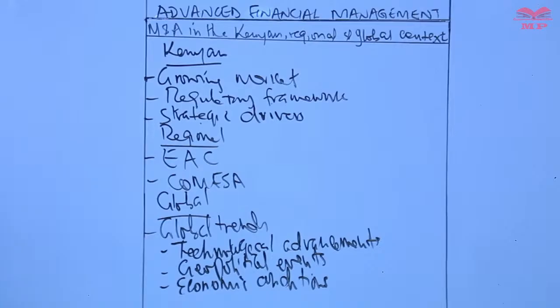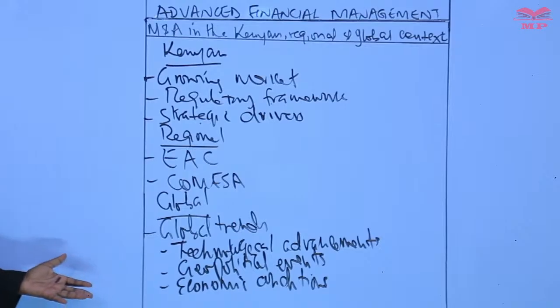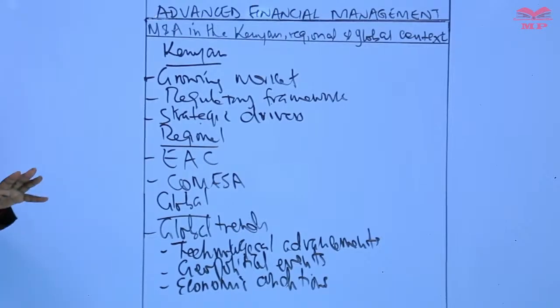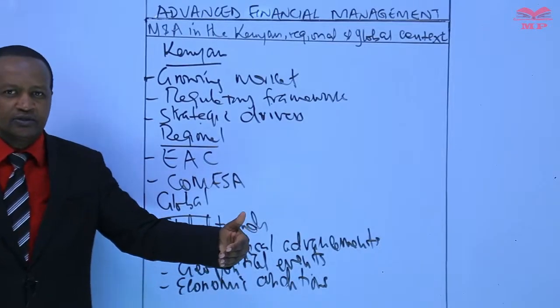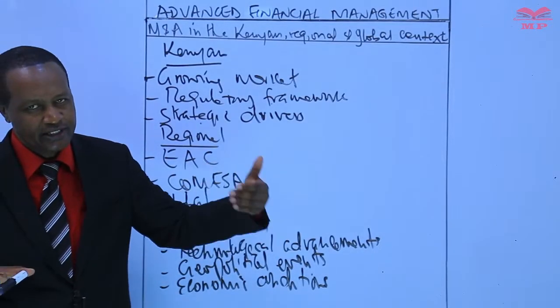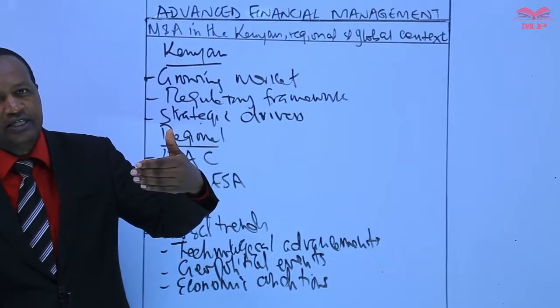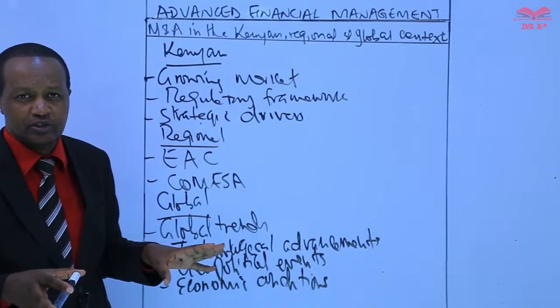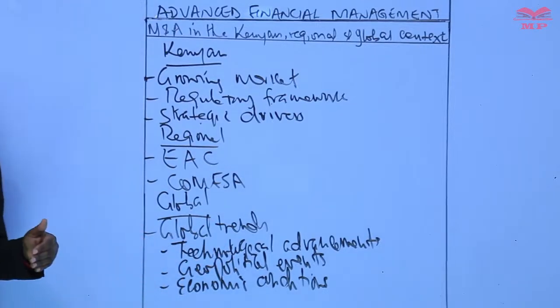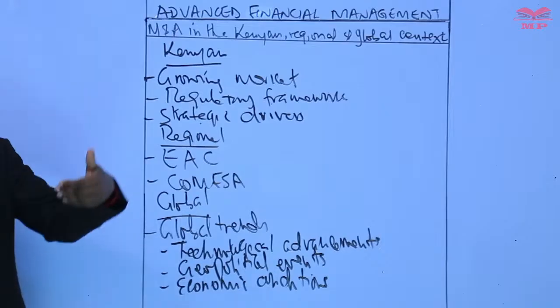So, apart from what we've discussed, we also have cross-border deals. All right? Kenya is increasingly involved in cross-border mergers and acquisitions, both foreign companies acquiring Kenyan businesses and Kenyan companies acquiring foreign businesses.